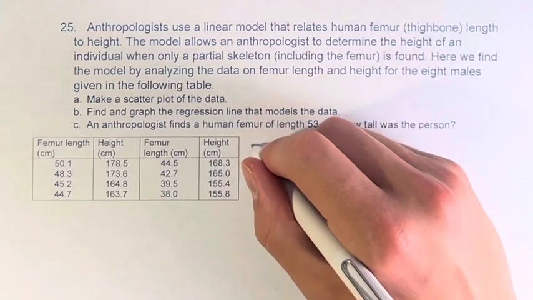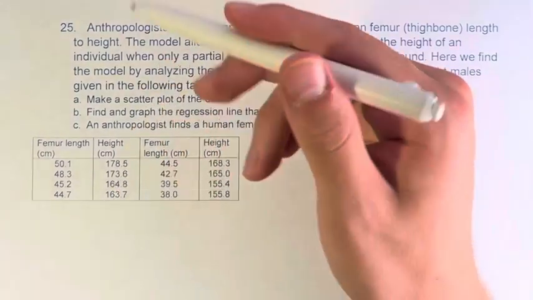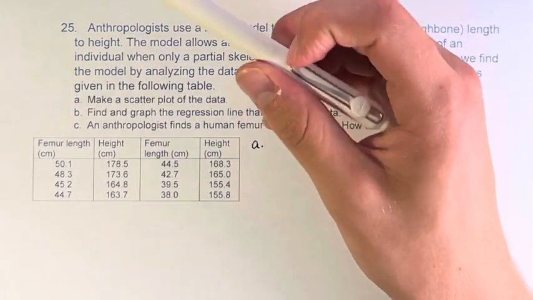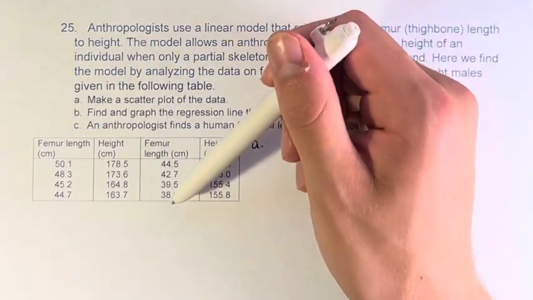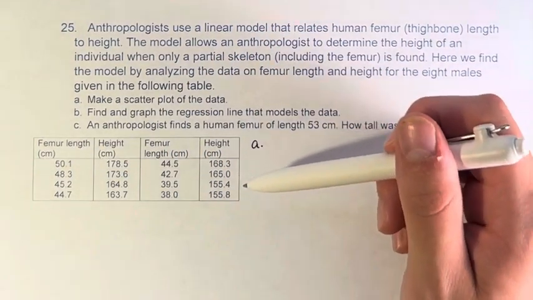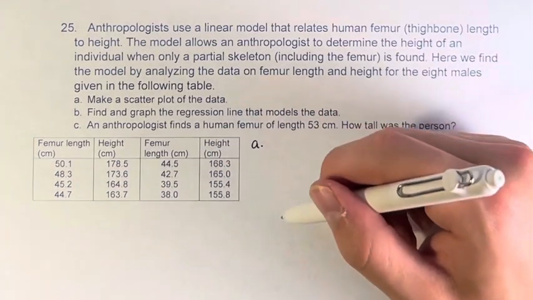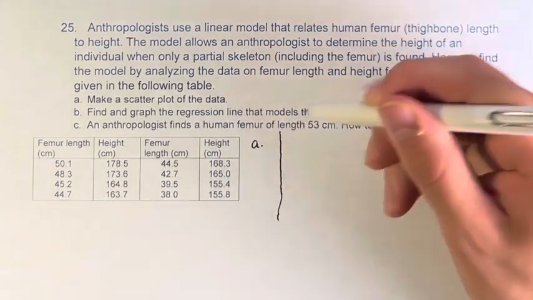First, in A, we're asked to make a scatter plot of the data. So the X values are ranging from 38 to 50, and the Y values are ranging from 155 to 178. In both of these cases, I don't think it makes sense to start from 0.